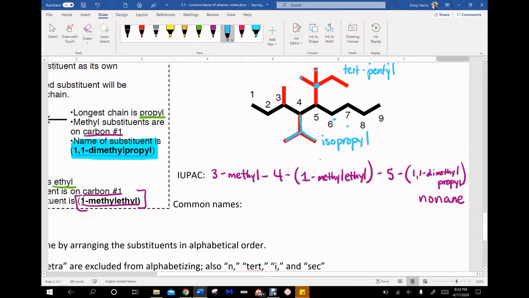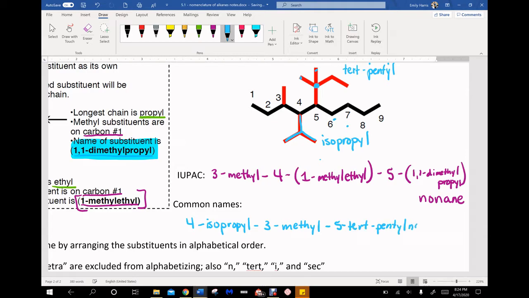If we were to name this using the common name, we will say isopropyl, 3-methyl, and then 5 tert-pentyl nonane.